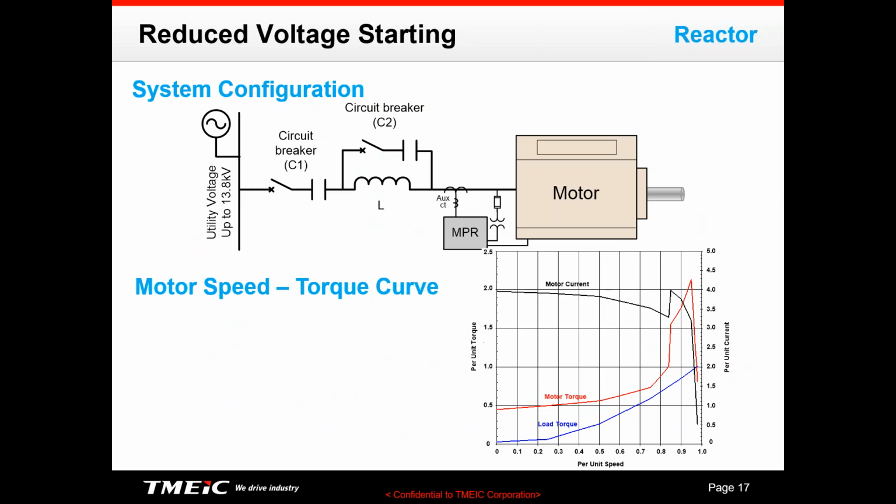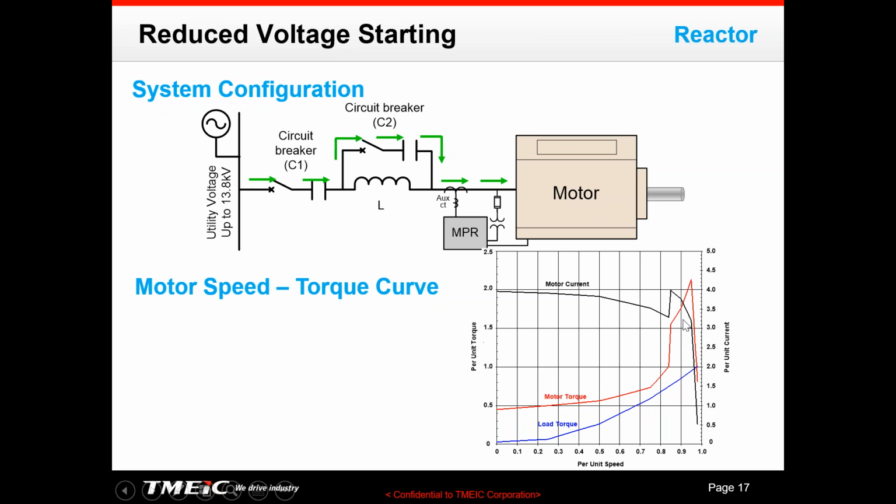So reduced voltage starting, I'm not going to talk about all the details here. This reactor method is not really used these days. The voltage comes in through the reactor to start the motor, and once the motor has accelerated to the rated speed, you bypass and just run the motor as a DOL.